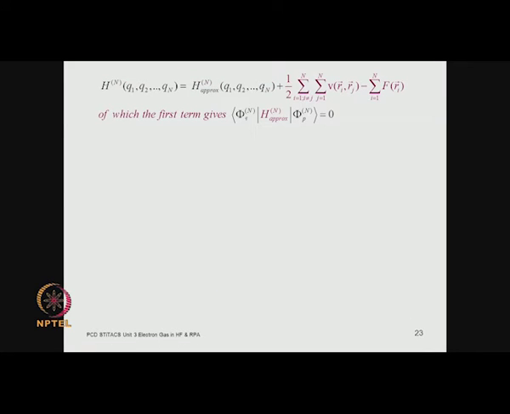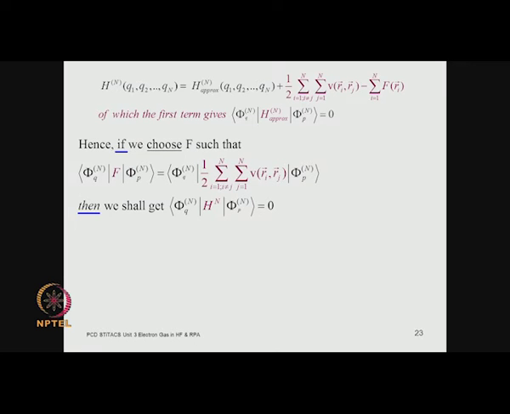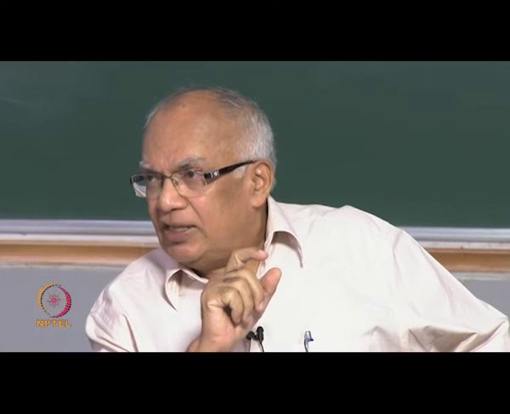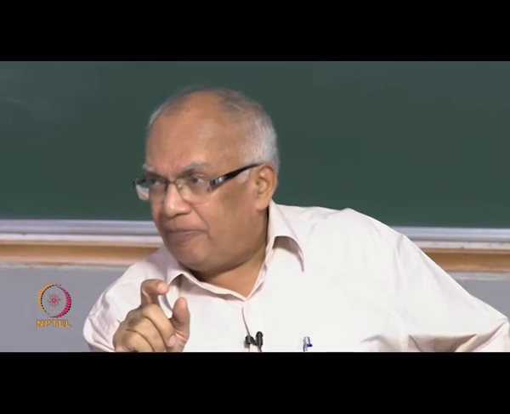So, the first term, which is the approximate Hamiltonian, gives you 0 for this matrix element. We now ask what are we going to get from the second and the third term, but what we can see very clearly is that if we choose F, and this is the main question that we decided to discuss in today's class, how do we choose F?